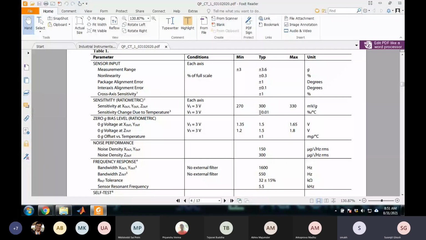Can we see what is the nominal temperature? I think 25 degrees centigrade, right? Yes. And what is the range of temperature mentioned? 5 to 45, right? So what is the maximum change in temperature?